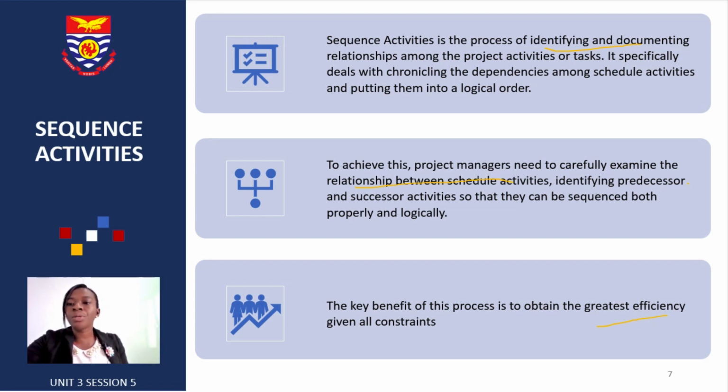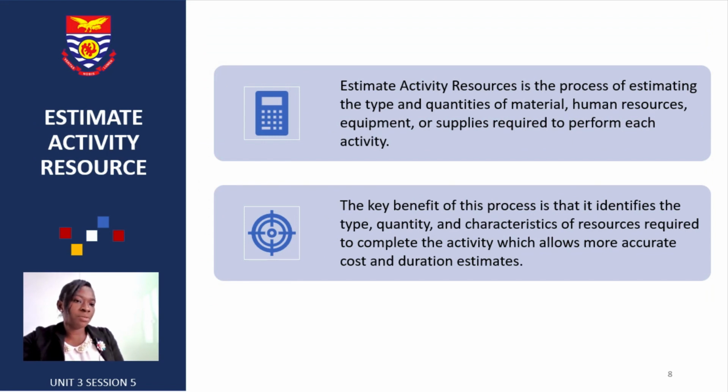So how do we estimate activity resources? This is also very important here. So you need to estimate activity resources, which is a process of estimating the type and quantities of material, human resource, equipment, and supplies which is required for us to be able to perform each activity.